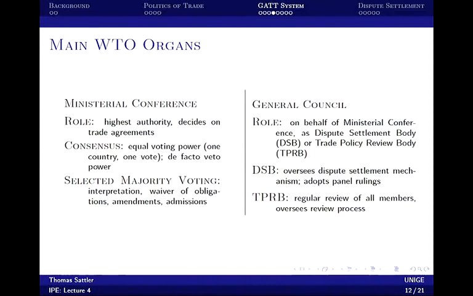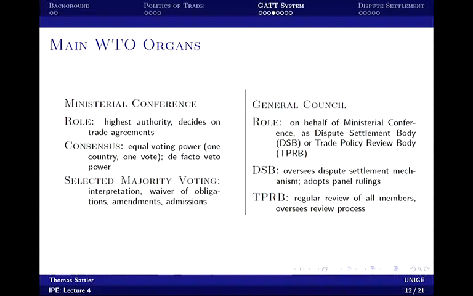I just want to quickly tell you what the trade policy review body does. The trade policy review body regularly reviews the policies of the WTO member states. The 4 biggest trading countries, that's the EU, the US, Japan, and China, with the EU acting as one country in the WTO, are going to be reviewed every second year.